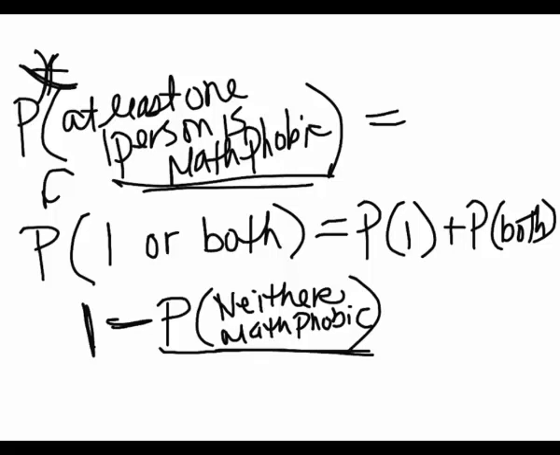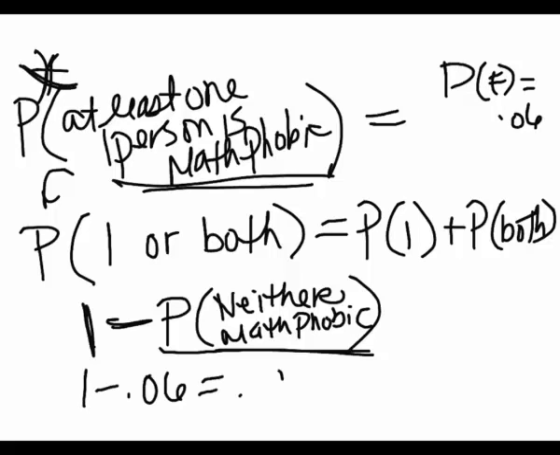Well, we already know the probability of not being math phobic because we know the probability of being math phobic is 0.06, right? So we would just do 1 minus 0.06 and we would get 0.94. So now watch this.